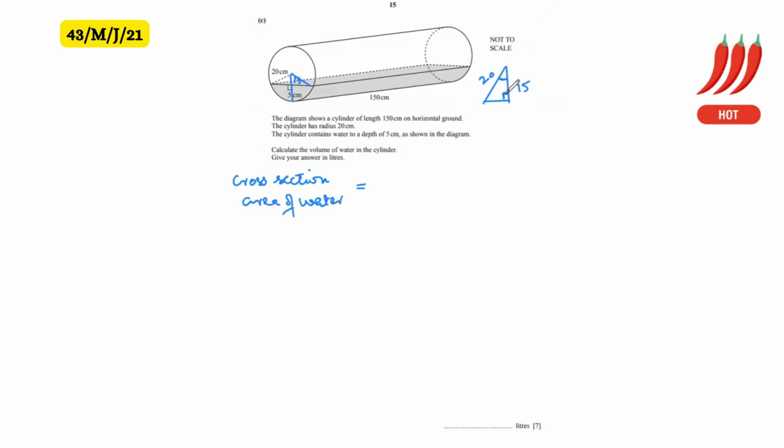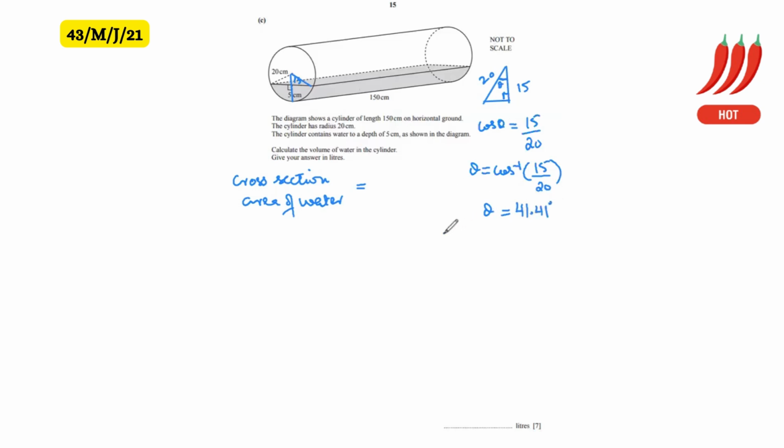So this is a right angle triangle. We can use SOHCAHTOA. So we have the adjacent, we have the hypotenuse. This is the angle. So cos theta equals 15 over 20. Theta would be cos inverse of 15 over 20. And that's going to give us 41.41 degrees.